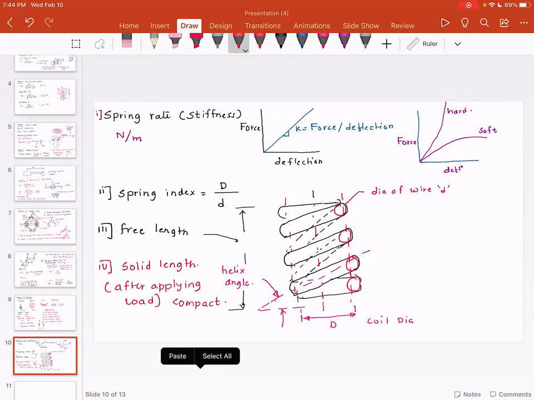And the next thing is the pitch. So pitch is the difference from here to here. This is the pitch.